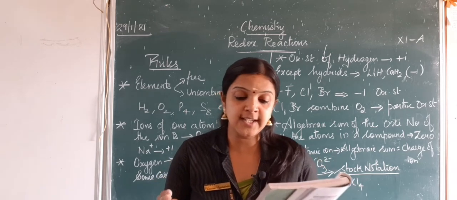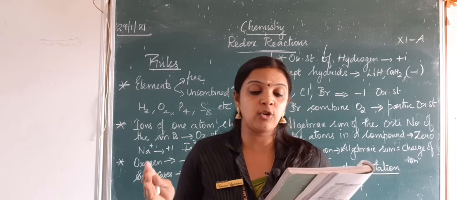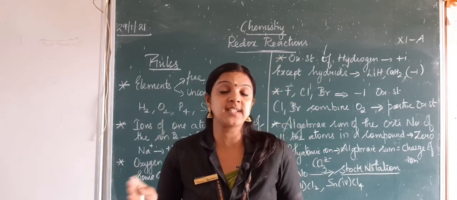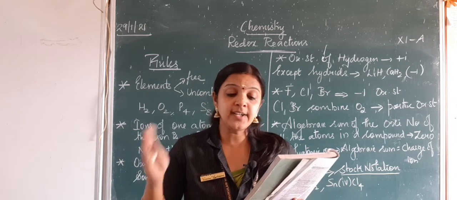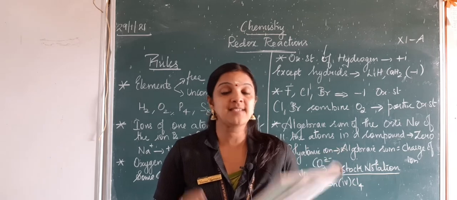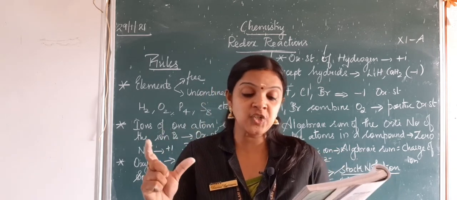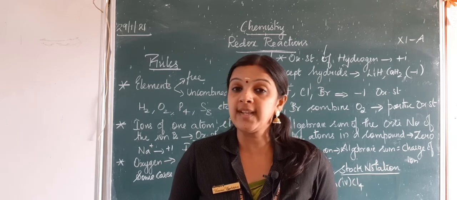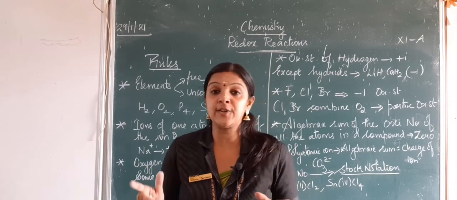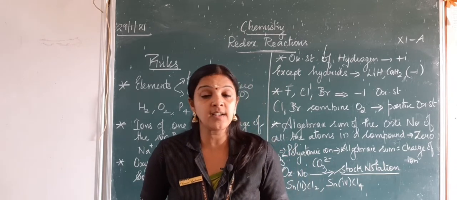Oxidizing agents, which increase the oxidation number of an element, are called oxidants. Reducing agents lower the oxidation number and are called reductants. Reactions which involve a change in the oxidation number of the interacting species are called redox reactions. That is how redox reactions occur in nature.